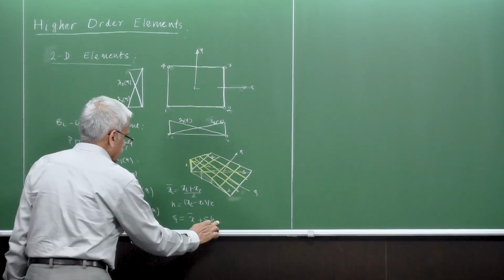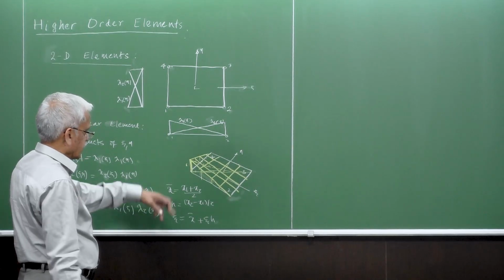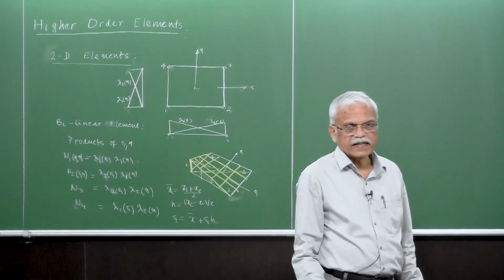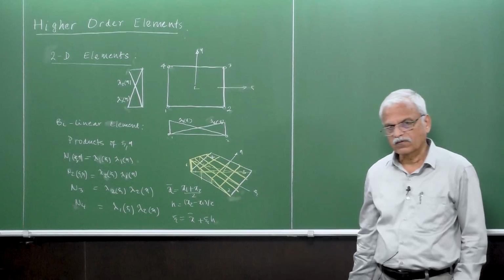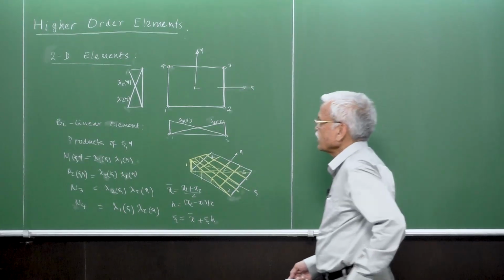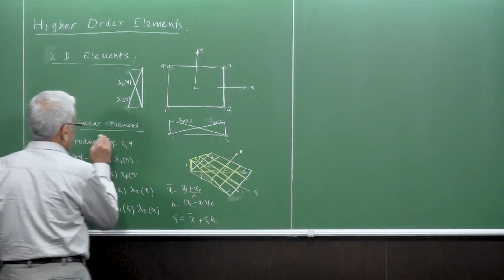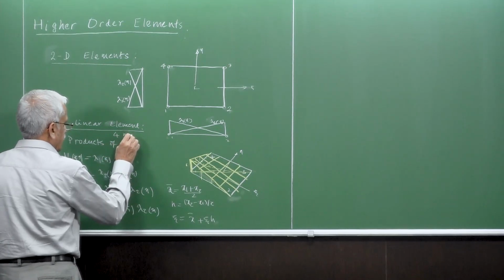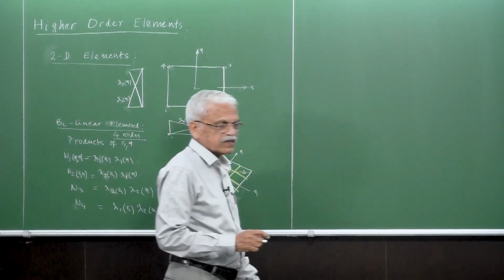Okay, so this is the transformation between xi and x. A similar transformation you can also take between y and eta. And of course you can take the derivatives in x, derivatives in xi, and accordingly you have to transform them. So this is the bilinear element. So totally 4 nodes, you can see it, 2 on either side. Now let's take the next one.